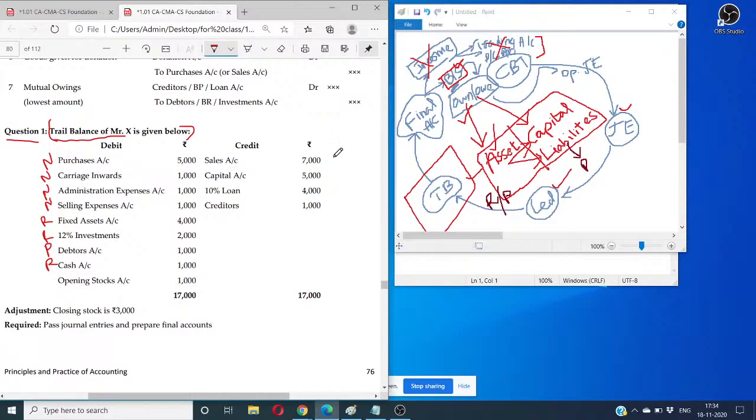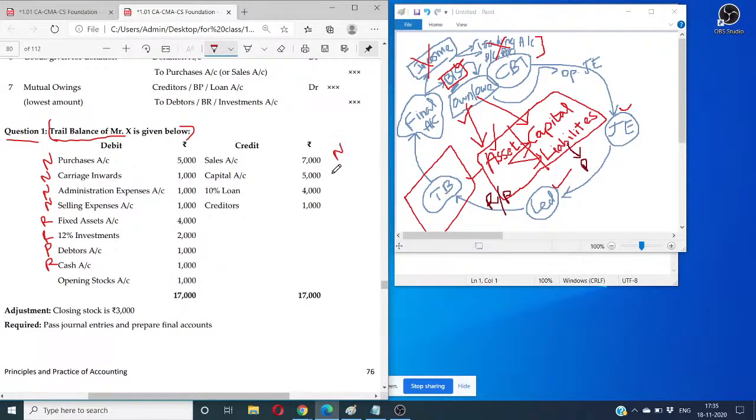Come on, get me the value for sales. Make it faster. Sales, nominal account.